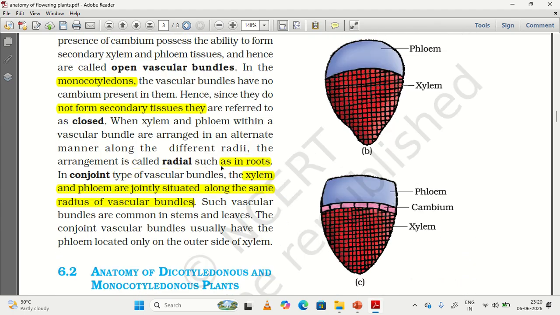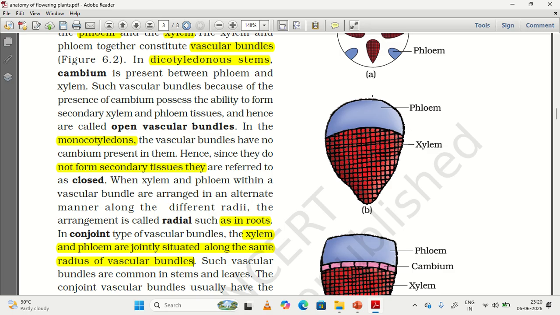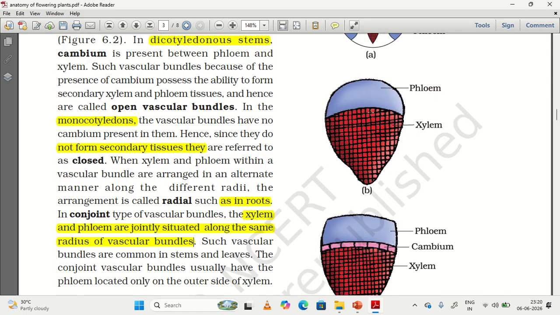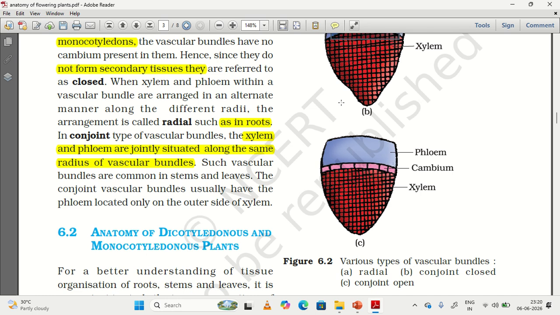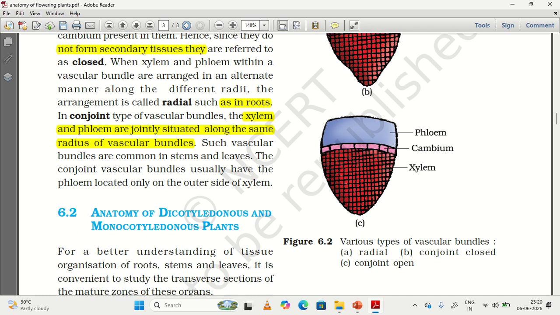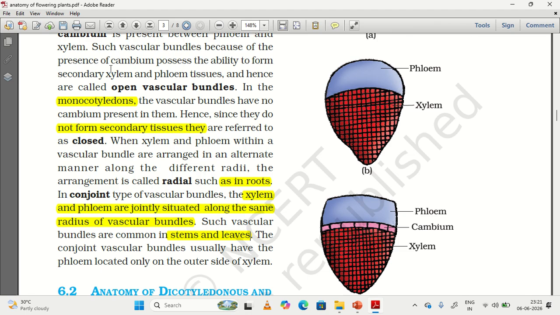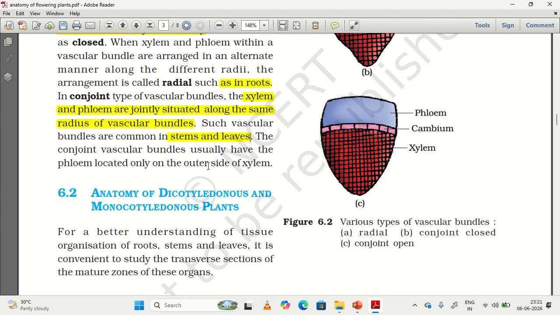Here xylem and phloem are situated along the same radius, and this is closed type because there is no cambium in between. This is open type, conjoint open type. Such vascular bundles are common in stem and leaves. So you need to remember the type of vascular bundle and where it is found. That is very, very important.